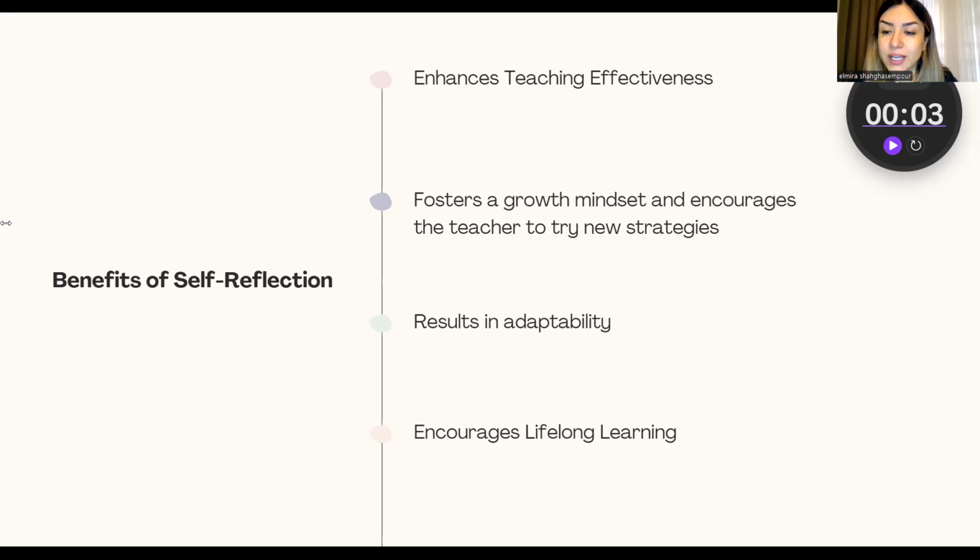Continuous self-reflection encourages educators to seek new knowledge and skills that contribute to their professional development. For example, reflecting on areas for improvement might motivate you to attend a professional development workshop, which can be very helpful. We learn from other people's experiences.